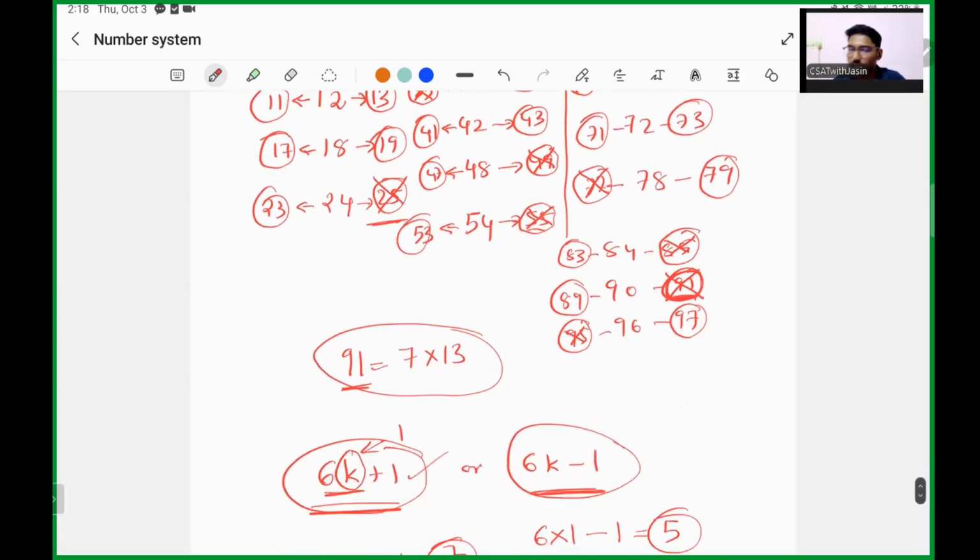And I already told you that the only number where you will get confusion is 91. 91 is not a prime number because it is 7 into 13. So remember this one. You understood the concept of prime and composite numbers, and UPSC will ask questions based on this concept. We'll be seeing UPSC questions also in a later stage of the class.